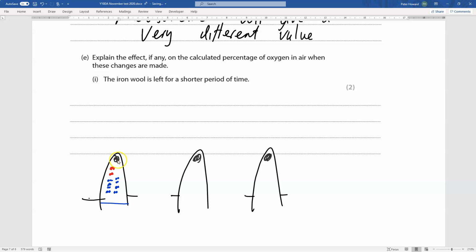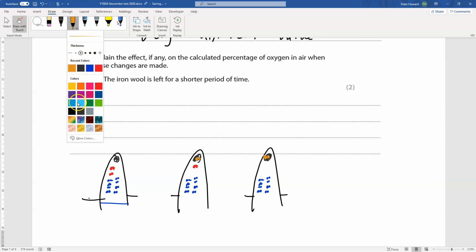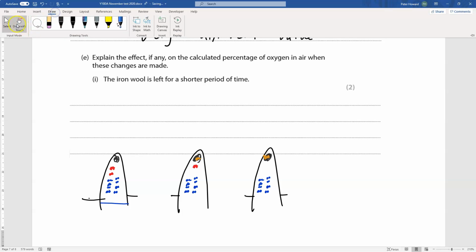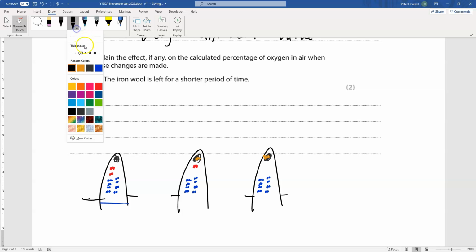Some of the oxygen is going to react with the iron. So we start off here. We've got 2 molecules of oxygen. After a little bit of time, some of it will have rusted, so the volume of liquid or water will have gone up slightly.